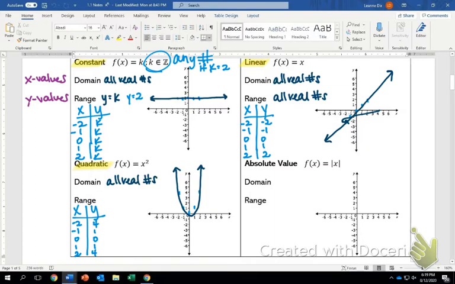And my range, it looks like it can extend infinitely upwards, but its lowest value is 0. So I'm going to say, well, y, because range always talks about your y values, so y is greater than or equal to 0. And I know it's equal to because if I plug in 0, it equals 0.